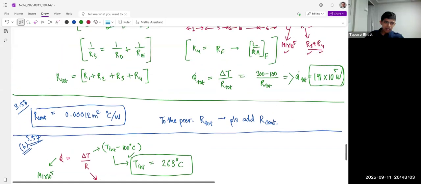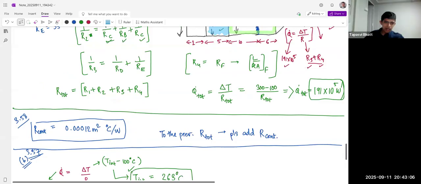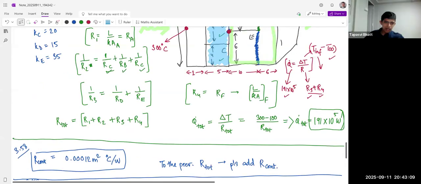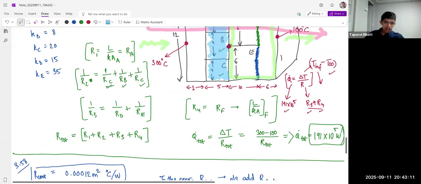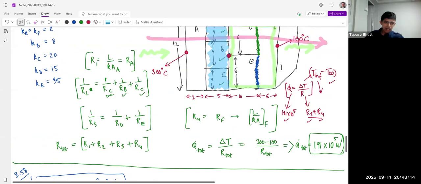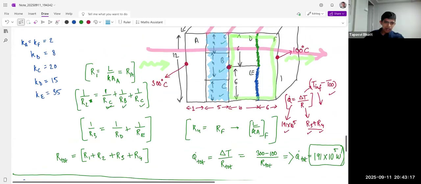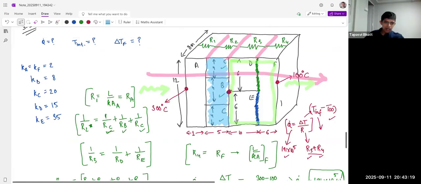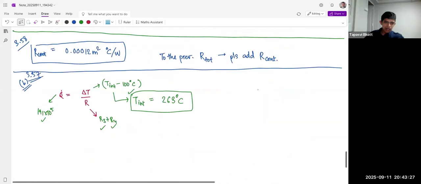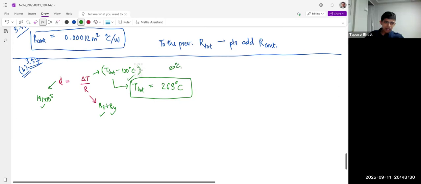So we have R3, we have R4, we have Q dot, we have 100 degrees. We can easily calculate T interface as 263 degrees Celsius. This is what I have got. Most likely it should be correct.